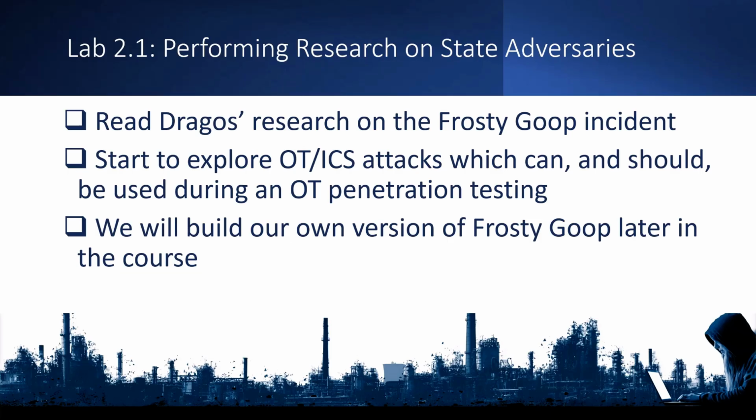But for this first lab, you're going to go through the white paper. You're going to do your own research and start to see how OT or ICS attacks work in the real world. And again, I think this is a perfect example because it shows that OT, ICS attacks don't have to be sophisticated to have a real world impact.